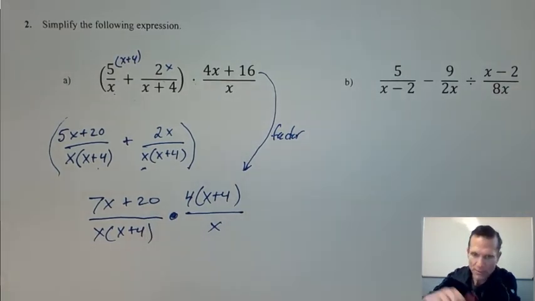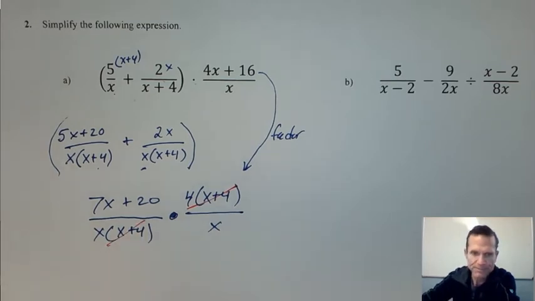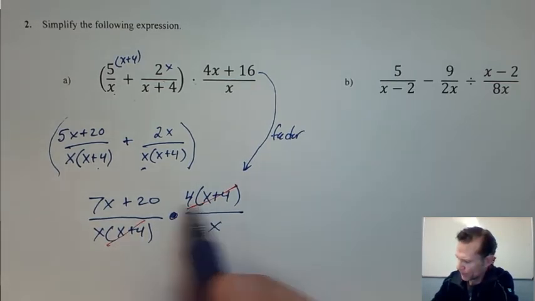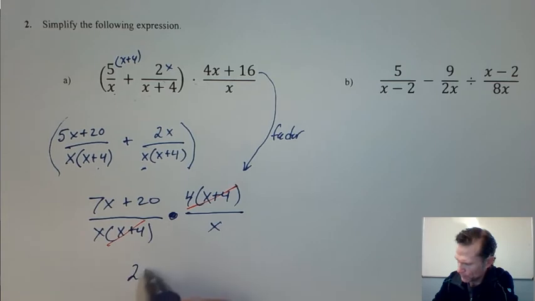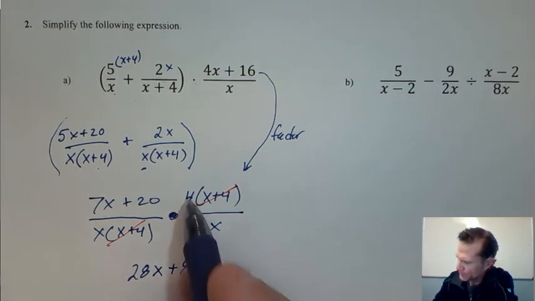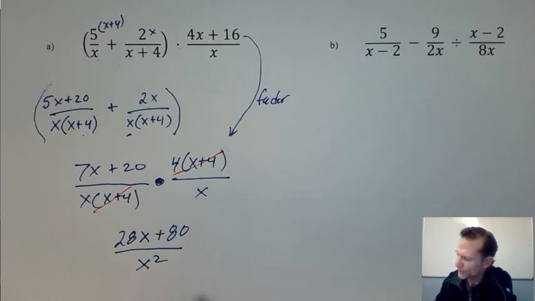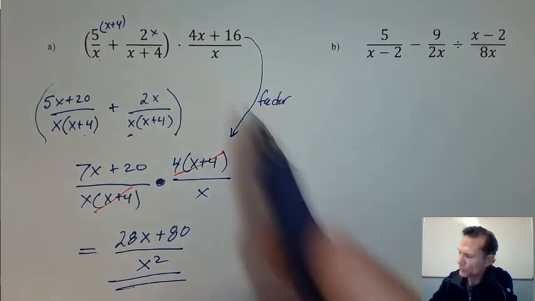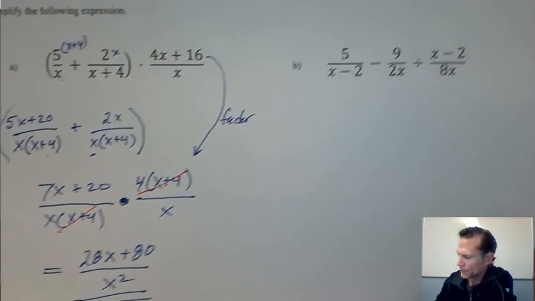Let's cancel out what we can cancel out. We got the x plus 4 cancels. So in the numerator up here, I'm going to multiply this out. You wouldn't have to, but I'm going to multiply it. You get 28x plus 80. I did the distributive property over x squared. Oops, getting off the sheet here a little bit. So just follow the order of operations here. They apply in rational expressions also.